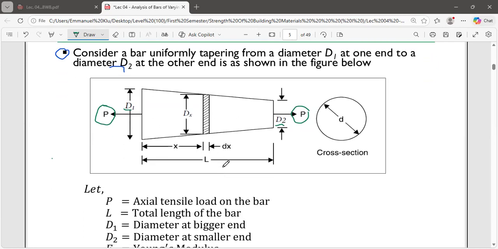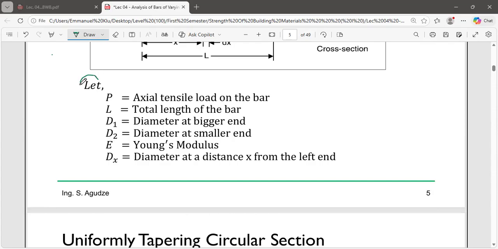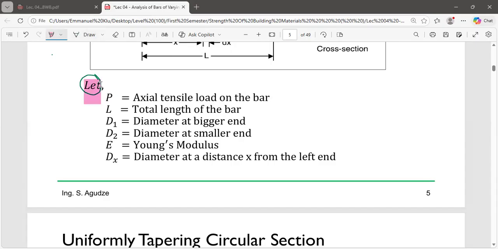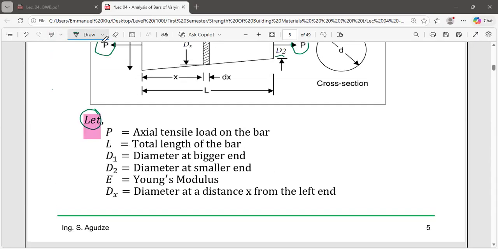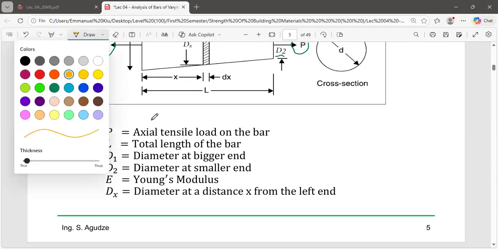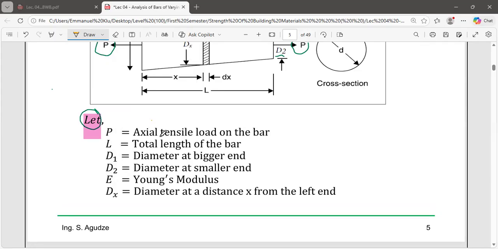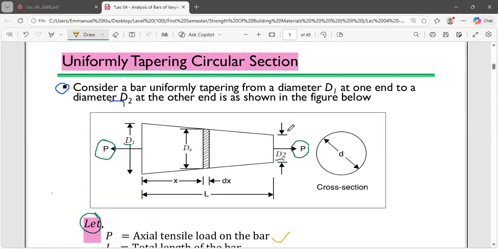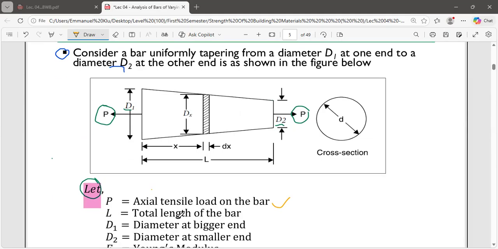Let's look at the abbreviations for some of these formulas. P is the axial tensile load on the bar. Because it's in tension, we call it tensile load; if it was in compression, we would say compressive load.